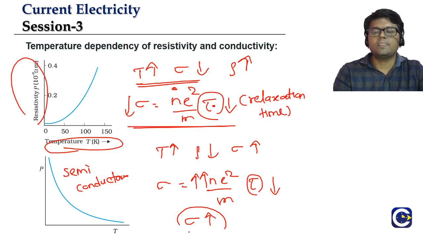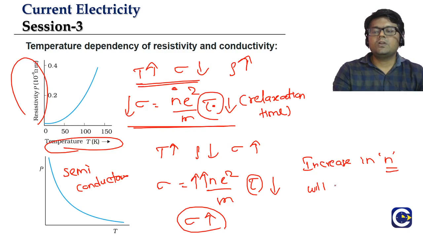Sigma is going to increase. So what is the reason for this, guys? The increase in number density, or n, will compensate. It will basically compensate for the decrease of tau.